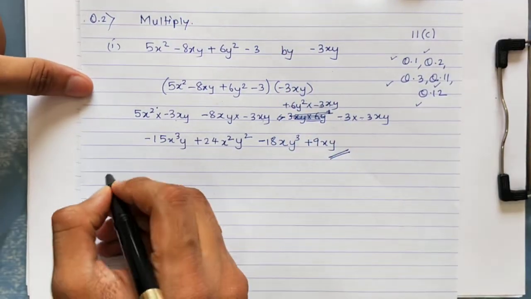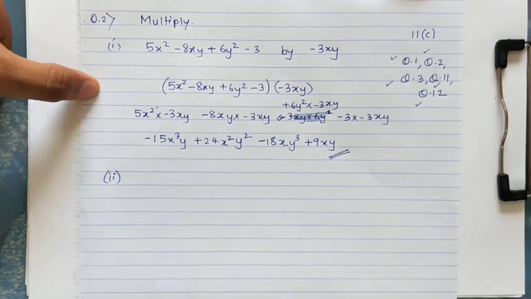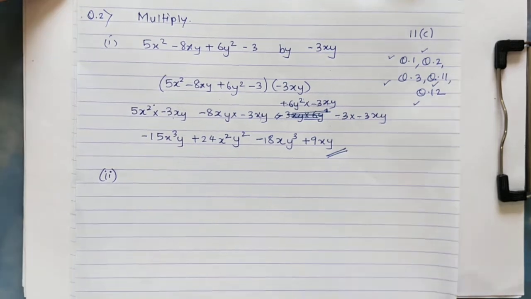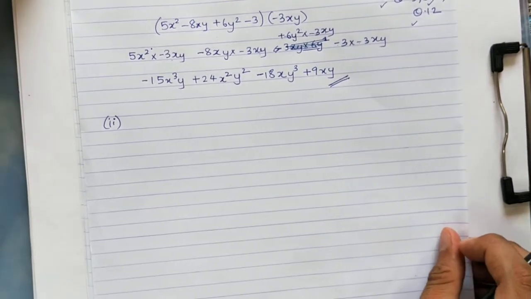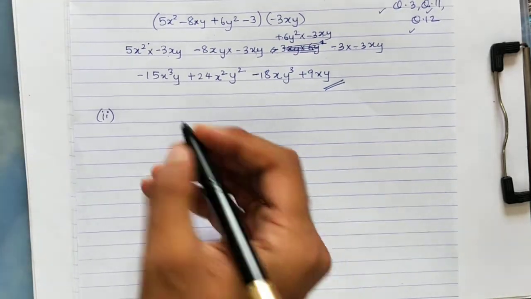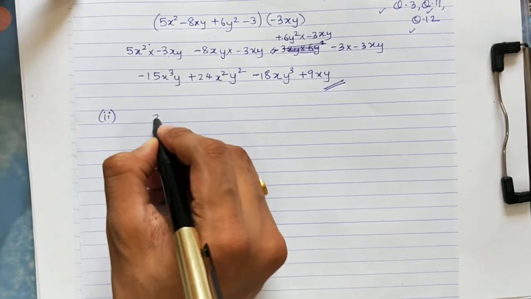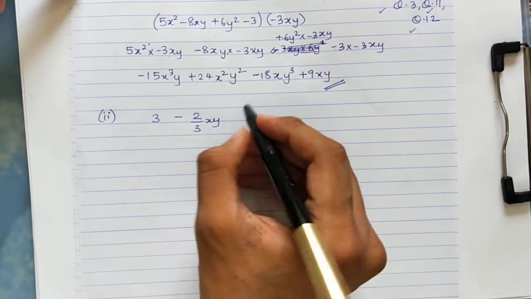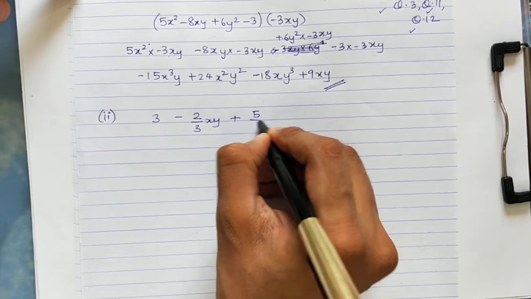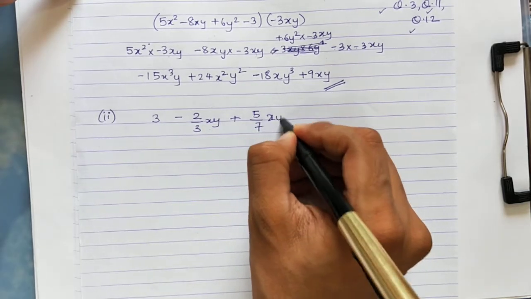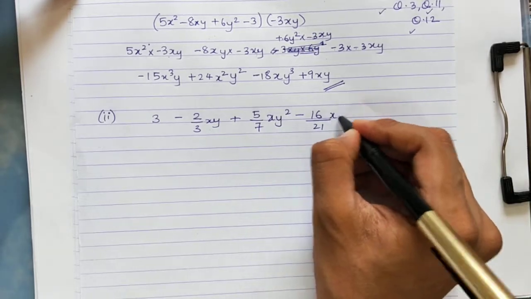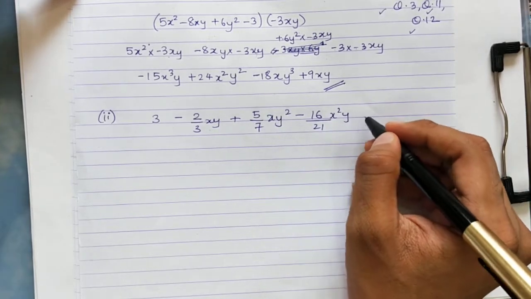Sub question 2. Now this question is a bit lengthy. Three minus 2 upon 3xy plus 5 upon 7xy square minus 16 upon 21x square y.